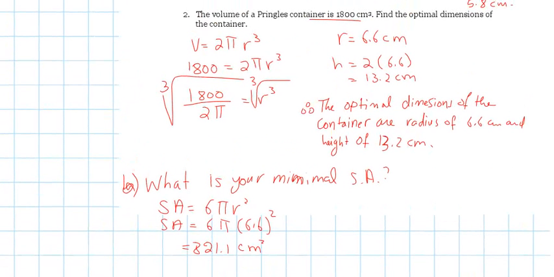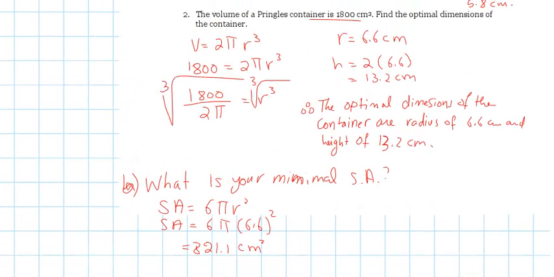So you did find your optimal dimension. Now I'm adding to it and asking, what would be your minimal surface area here? What would be your surface area using this dimension? In this case, you're going to take your surface area formula and plug in the radius to find your surface area.